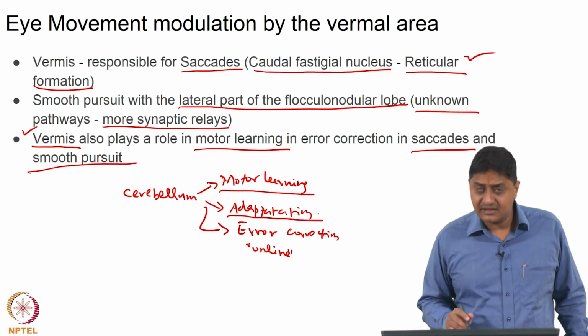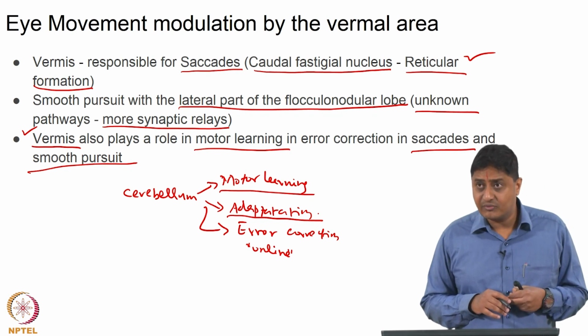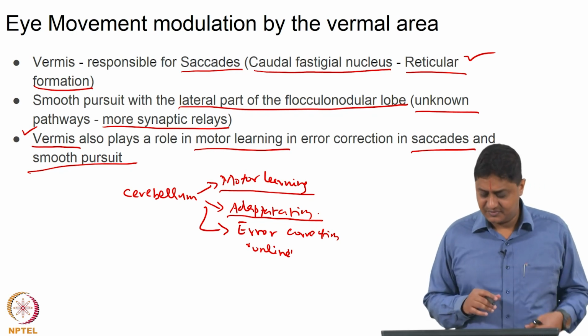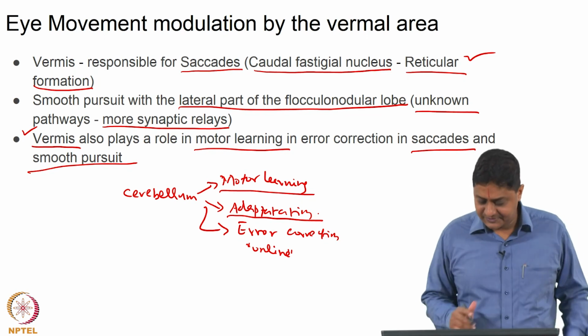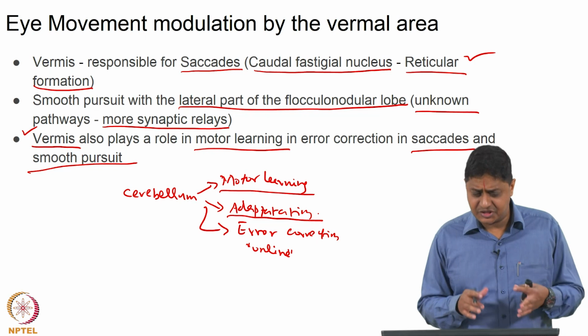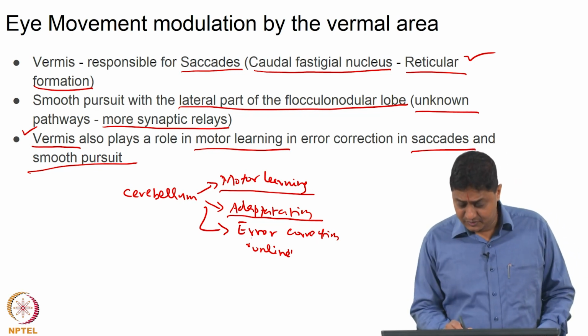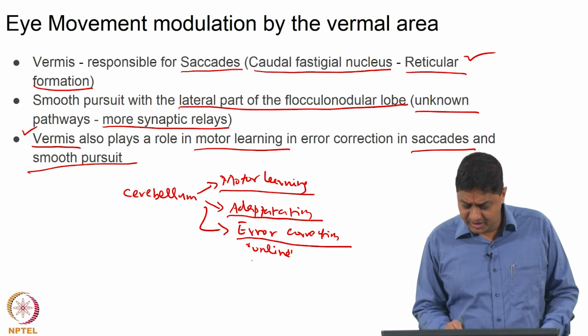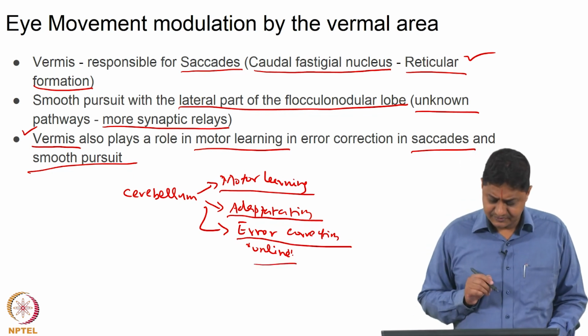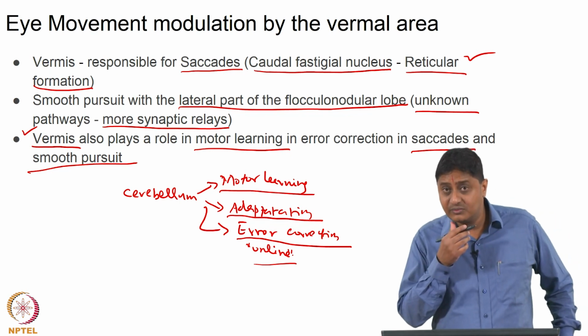Adaptation, on the other hand, in general refers to short term learning of associations that can be learnt, unlearnt or relearnt, right. Online error corrections are those that are really short term, that happen now and that is it, right. So, the cerebellum probably participates in all these, and then a question is, how does the cerebellum do that?